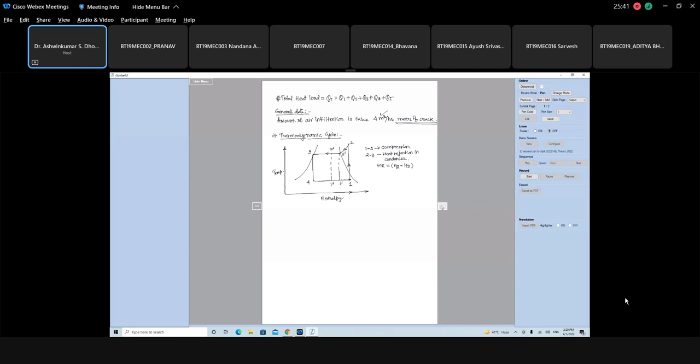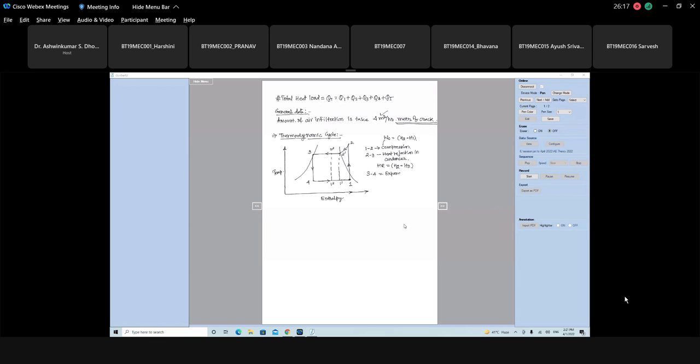Compression is equal to H2 minus H1. This is required because we wanted to know how to calculate the power required; one should know the overall process. So this is basically the refrigeration cycle. Then 3 to 4 is the expansion.